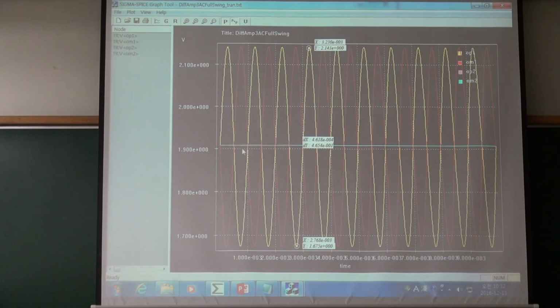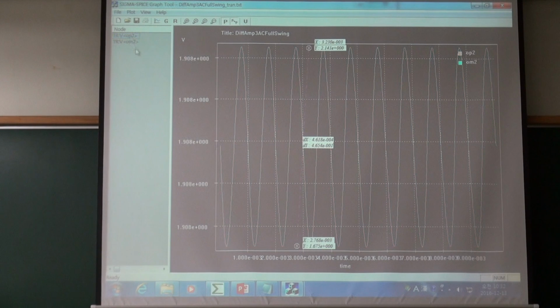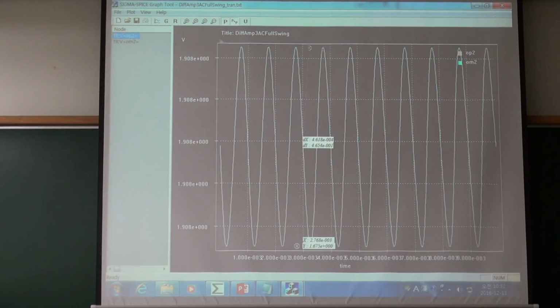Well, the common mode is almost 0. How come? That's so small. This is for the common mode. See, I will put the common mode thing. Oh, how come I don't have delta?